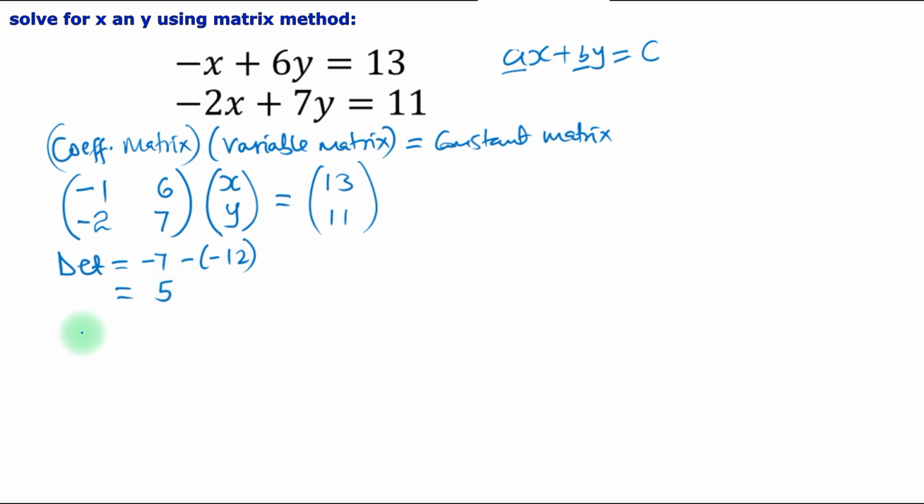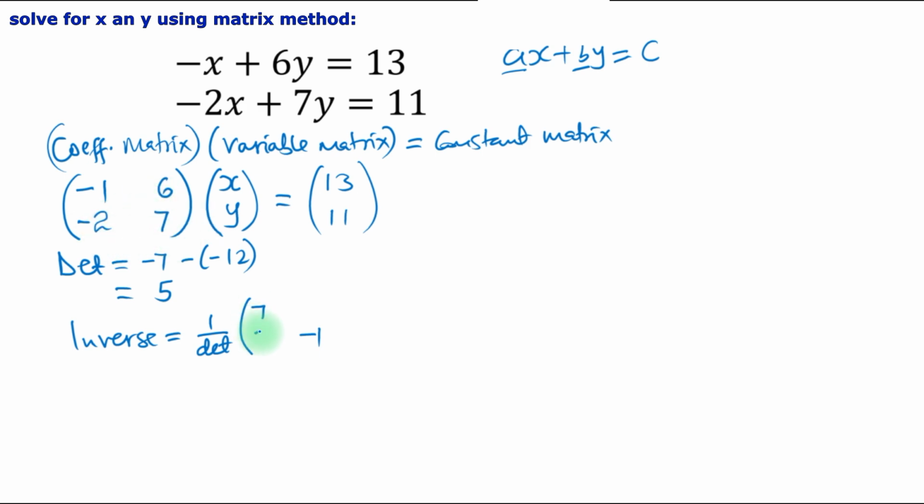Therefore, to get the inverse of the coefficient matrix, it is 1 over the determinant. The other thing we are going to do, we interchange the elements in the main diagonal. So we shall have 7, minus 1. Then for the other diagonal, we reverse the sign.